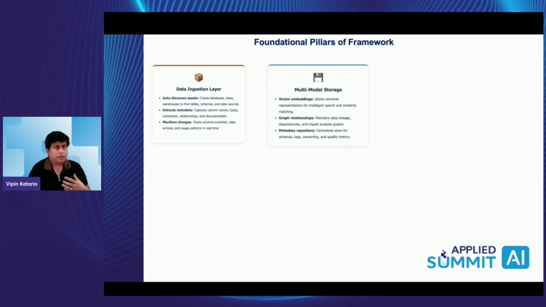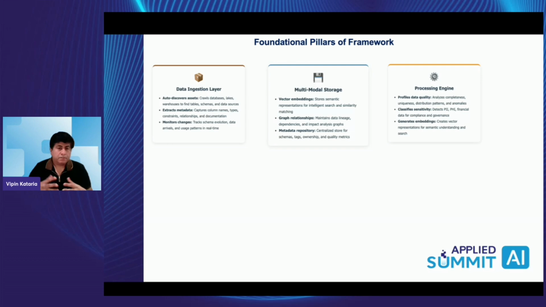Now you have stored the data, you need some way to process it to bring more actionable feature engineering. And that's where the processing engine comes in. It basically profiles the data quality, it classifies the sensitivity of your data, and one use case might be generating the embeddings.